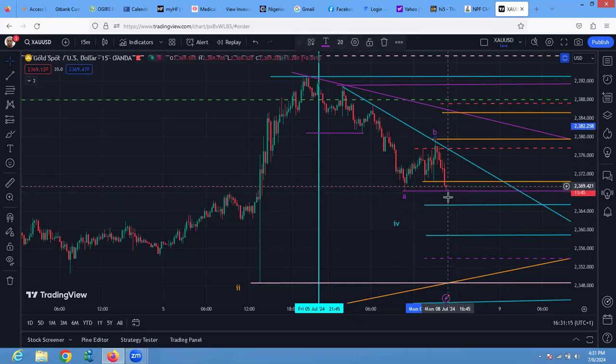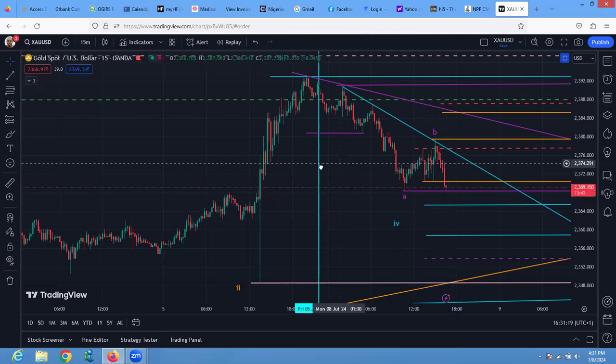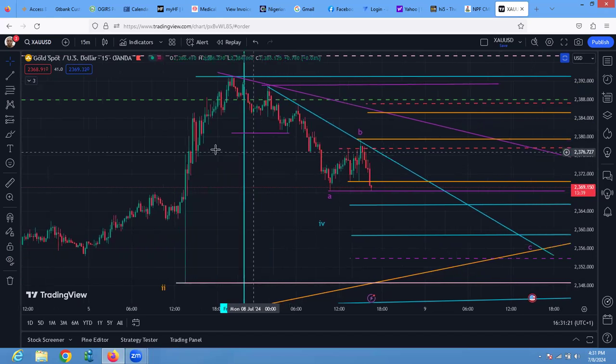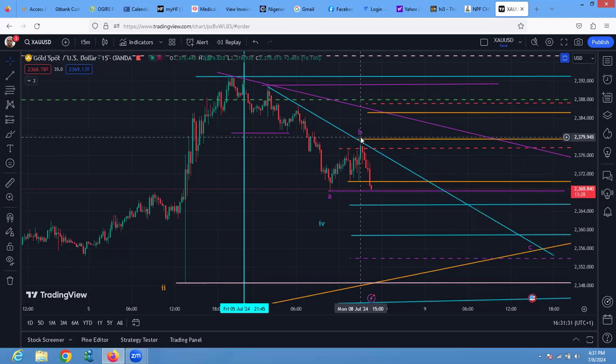So once we break this level, then price is going to go further down for us to have a double correction. And with that double correction, price is going to sprint up again. So we should be careful because this is at a 50, where it may still be a fourth wave. A fourth wave could still be at a 50.